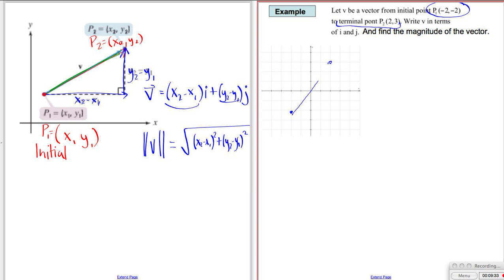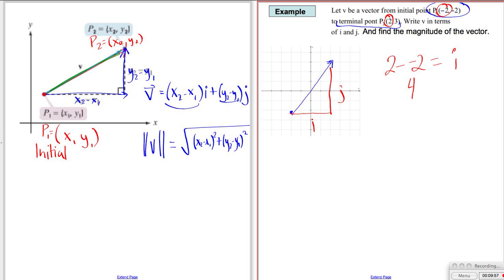A picture is easy because now we can literally count how big this vector is. This is my i component, and this is my j. But what I really could do is just subtract the i's and j's. I could do 2 minus -2 to get how big the i is, which in this case is 4. And that is a length of 4.